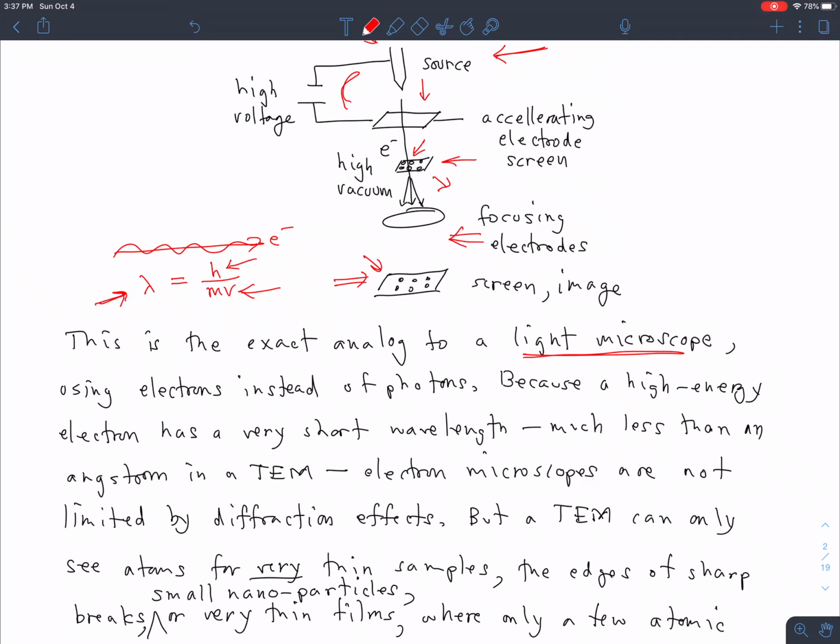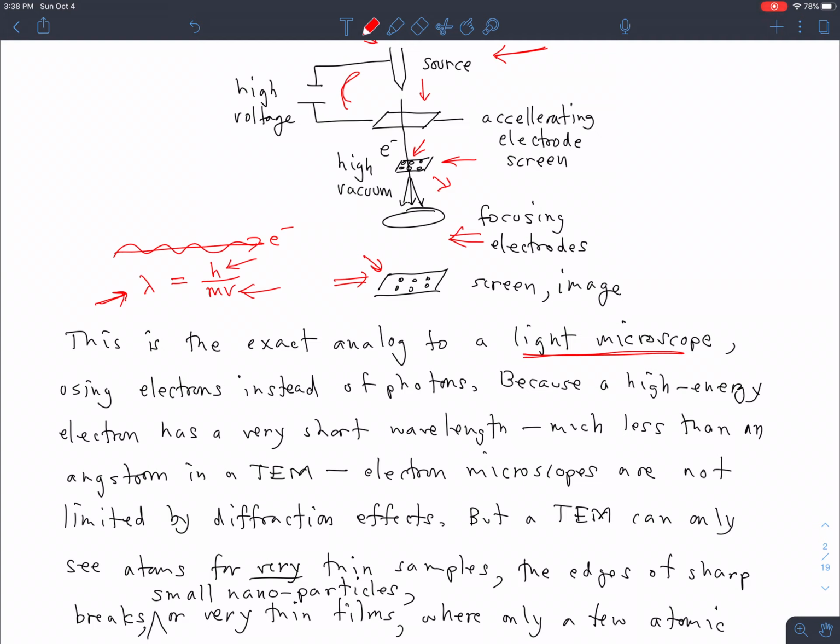That means the wavelength of the electrons impinging on the sample is extremely small, much smaller than the atoms themselves. And that means that unlike light microscopes, which are limited by the wavelength of the light that you're using, diffraction limited, so to speak, electron microscopes are not diffraction limited. Their resolution is limited by other kinds of factors.